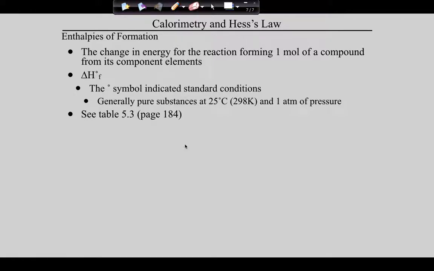So this says, and I'll just do this on a clean screen, this says ammonia has a heat of formation of -46, and I'm going to drop the decimal, -46 kilojoules per mole. So guys, what on earth does that mean?